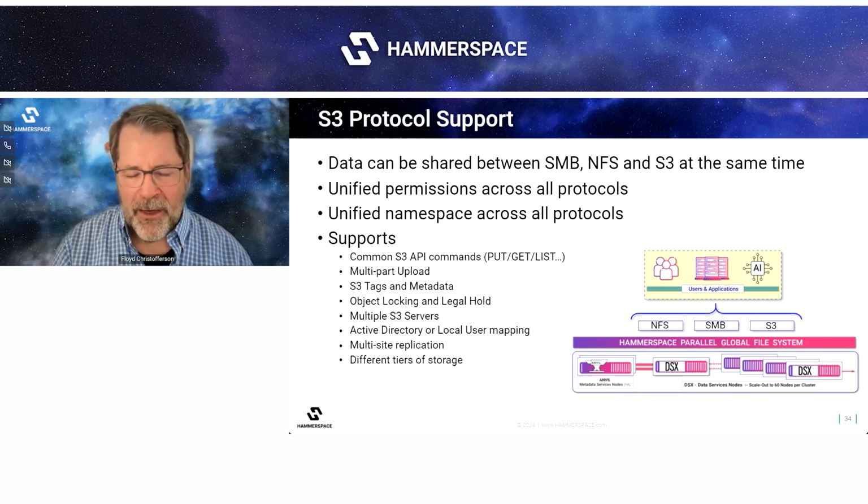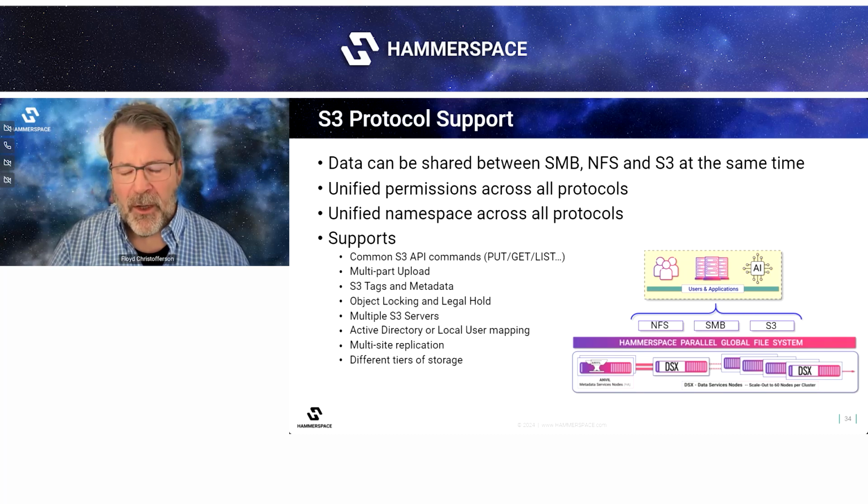And oh, by the way, we can have up to 16 of these that can be distributed across multiple locations. Each one of those DSX nodes can be an S3 server and can have S3 services, which means that from a user's or an application's perspective, the file and folder structure is what they would expect, and that translates directly from file to object. There's no difference.